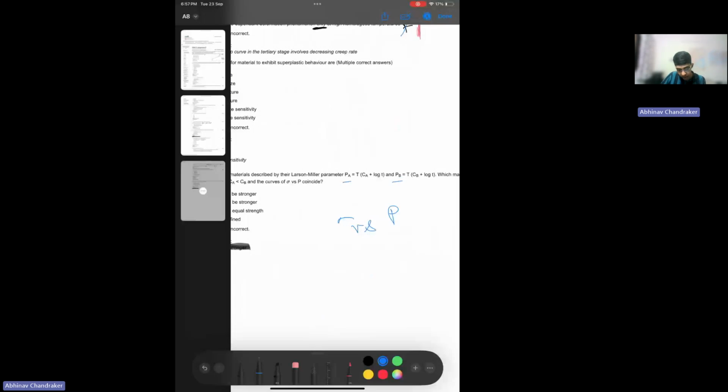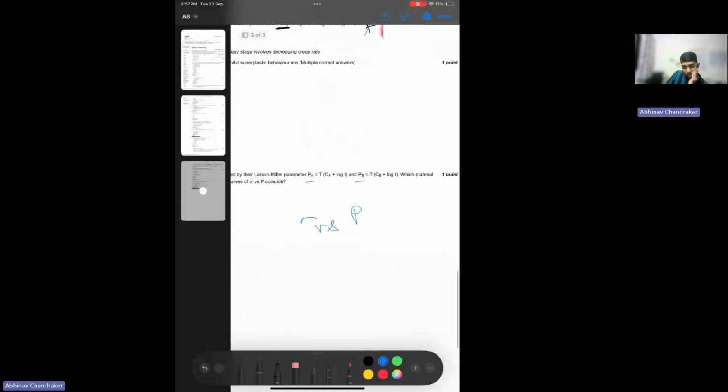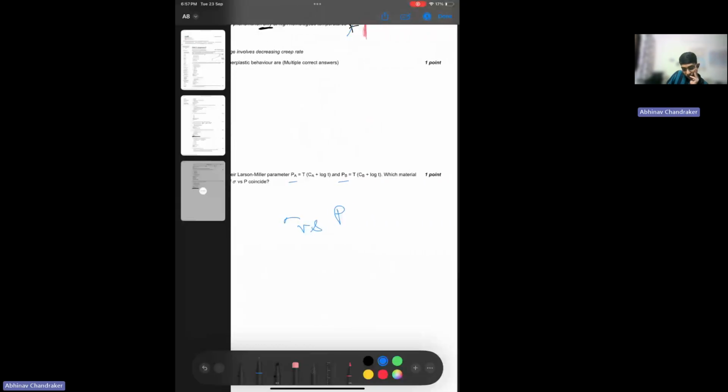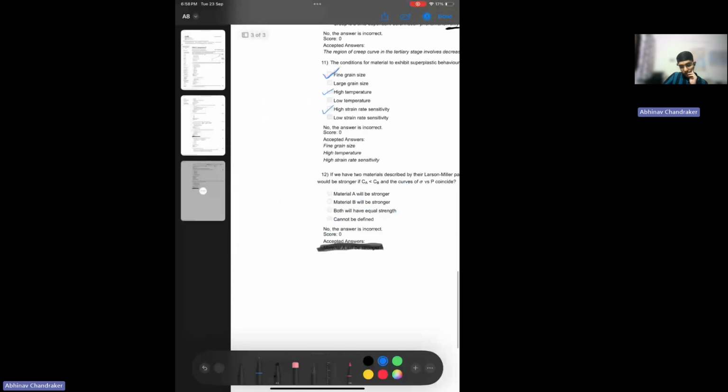Sigma versus P is the same, but P is the Larson-Miller parameter for A and PB is for B. So if CB is higher, it means for a given temperature, the time to rupture for B is lower, while that for A is higher.